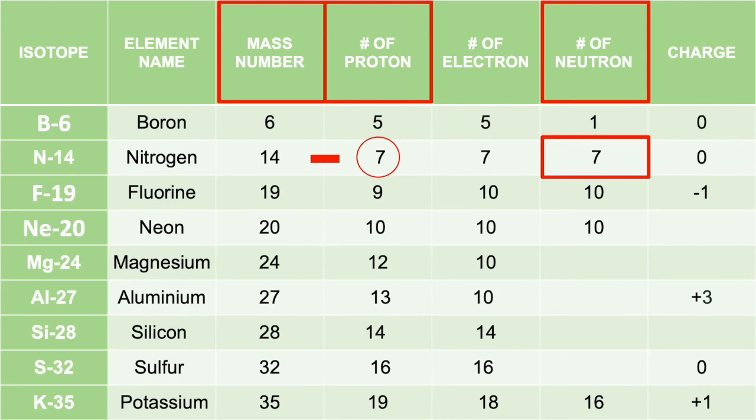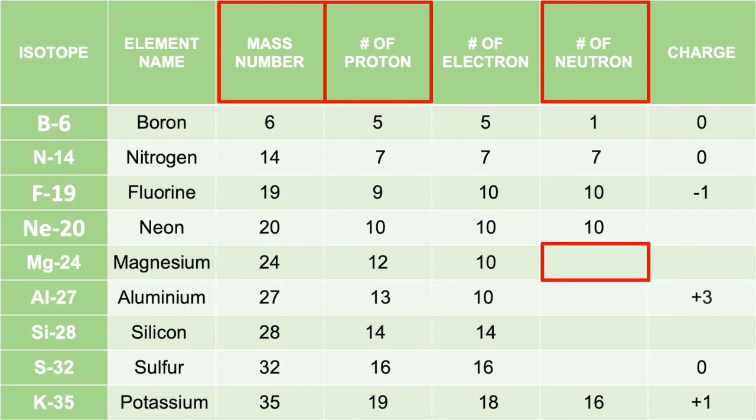So 14 minus 7, the answer is 7. Now it's your time to try to determine the number of neutrons for magnesium, aluminum, silicon, and sulfur. So what do you think is the answer for magnesium?